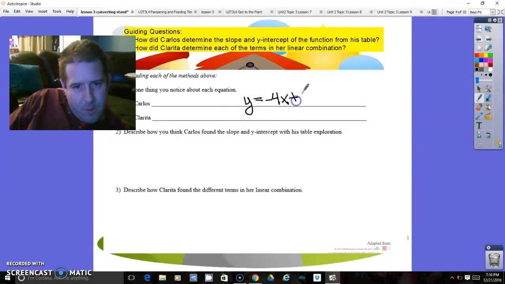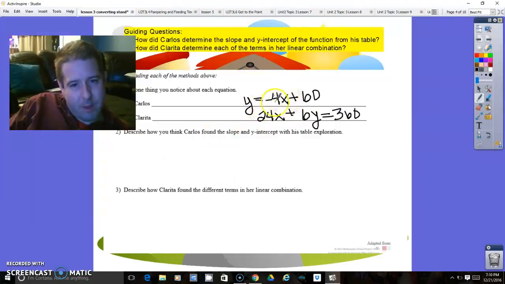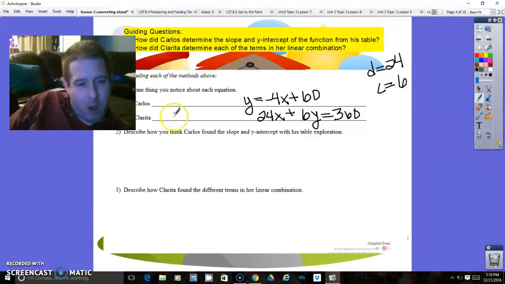And I'm going to talk about where that comes from. And Clarita likes the standard version, which is 24x plus 6y equals 360. So here, if I was going to describe where that comes from. So the first one, if the dogs equal $24 per pen and the cats are 6, you can see that by taking away 4 cat pens, you have enough space to make 1 dog pen.